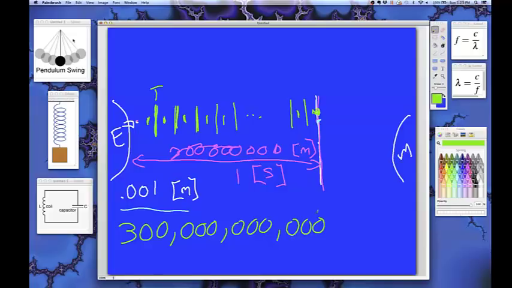We know that it's oscillating 300 billion between the Earth and this 1 second mark, right? Between the Earth and this 1 second mark, this frequency, this type of light is oscillating 300 billion times per second. So there's 300 billion oscillations between here and here.